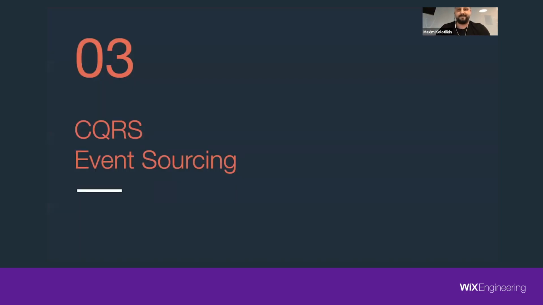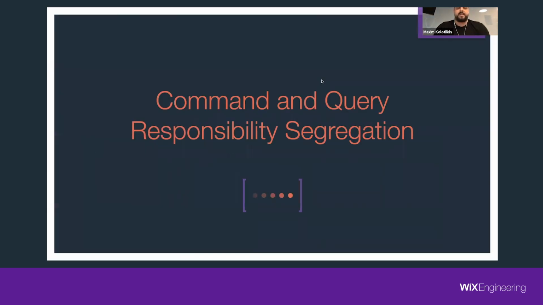So let's talk a little bit about the design patterns. As I said before, we used CQRS and Event Sourcing to develop our application. CQRS stands for Command and Query Responsibility Segregation.